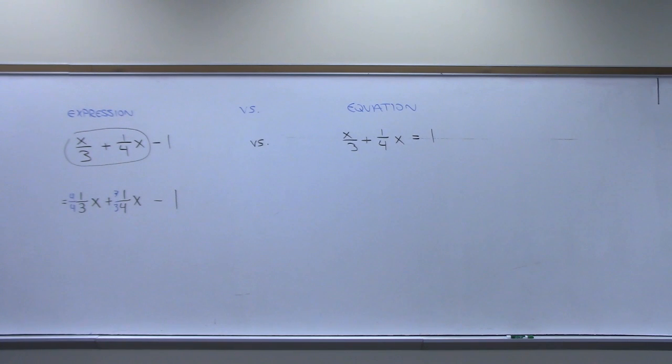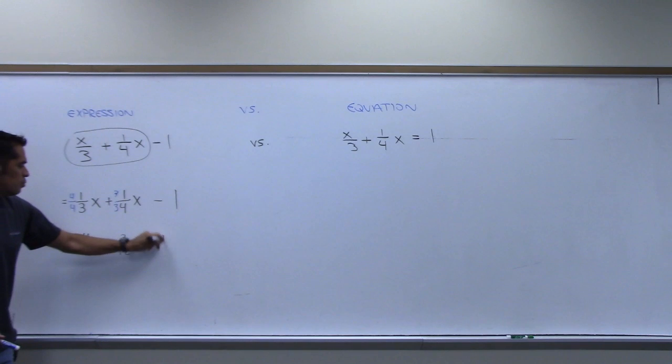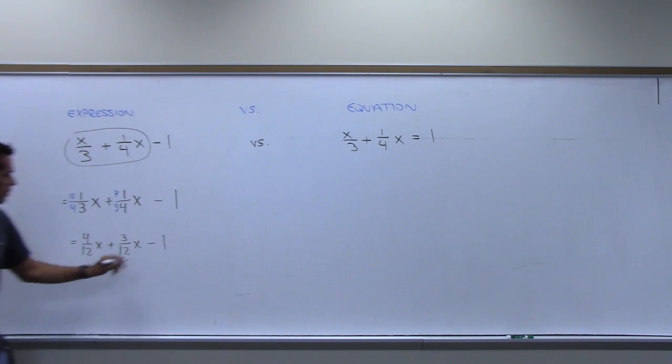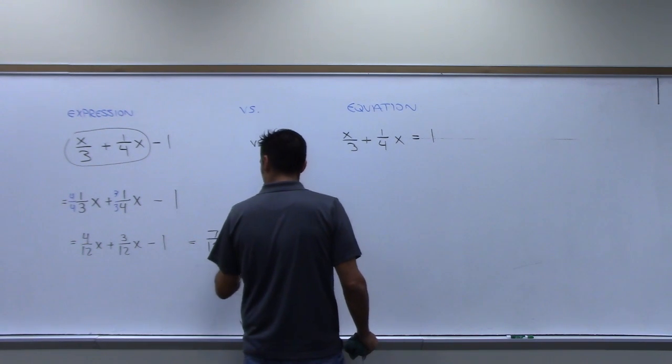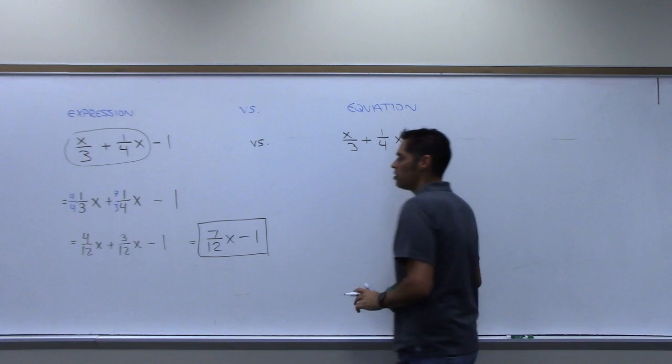I'm squeezing it in there because I don't want to rewrite it. So this becomes 4/12 x plus 3/12 x minus 1. And now that these have the same denominators, you just add the numerators up. 4 plus 3 is 7. So 7/12 x minus 1. That is the expression simplified.